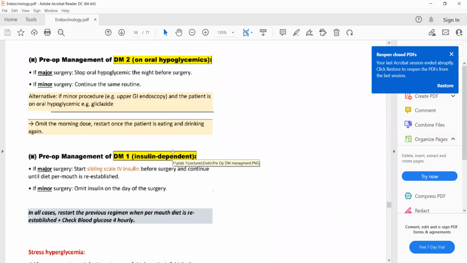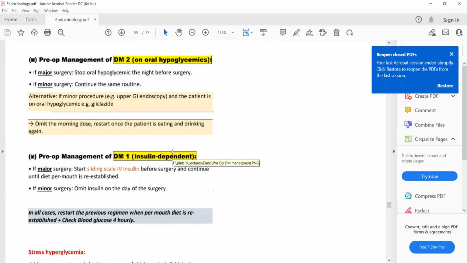Now, can someone tell me which hormone is released in stress? Cortisol, and growth hormone. All the hormones that can cause hyperglycemia are released in stress, such as glucagon, cortisol, and growth hormone.